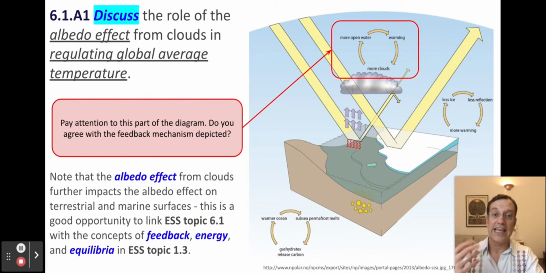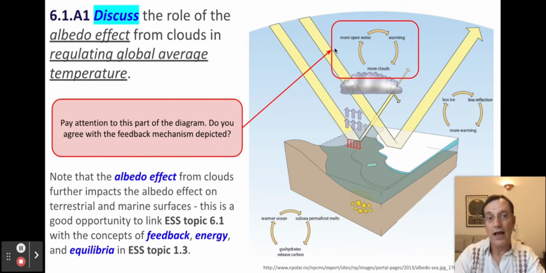So that keeps temperatures relatively cool. But as temperatures warm, more of this water absorbs light, warms up, and melts more of the ice, which exposes more of the water to absorb incoming solar radiation. Right? So there's a feedback mechanism involved in the albedo effect. This is of the surface.